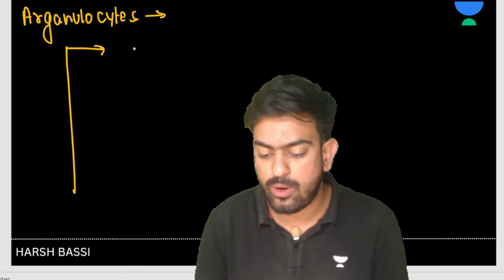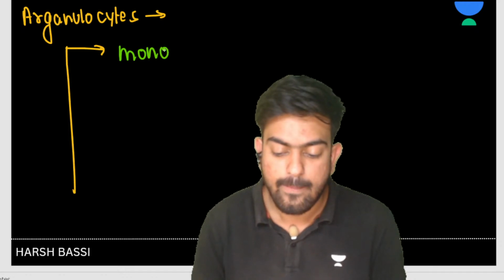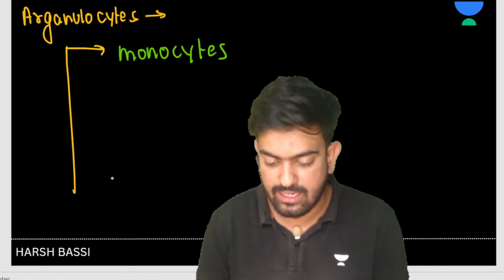Agranulocytes are those types of WBCs which do not have any types of granules in their cytoplasm. Example is monocytes and lymphocytes. Now let us talk about the functions of the monocytes and lymphocytes.